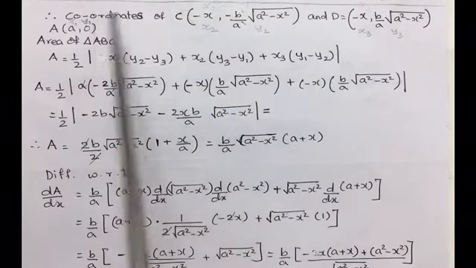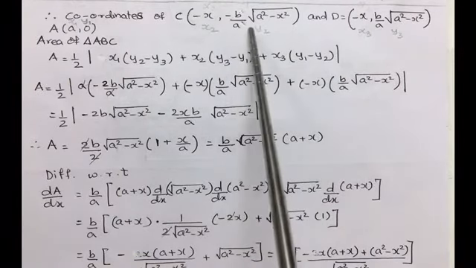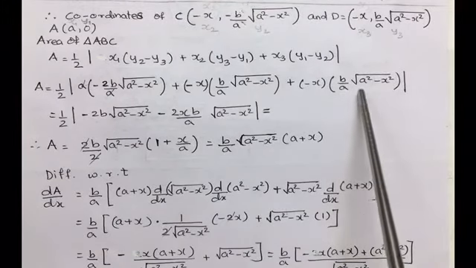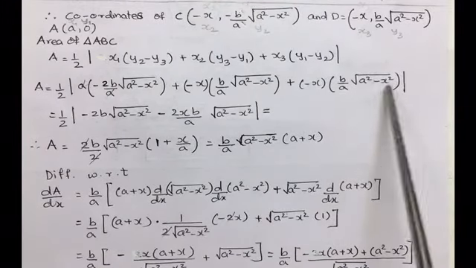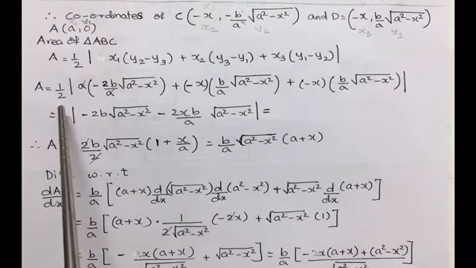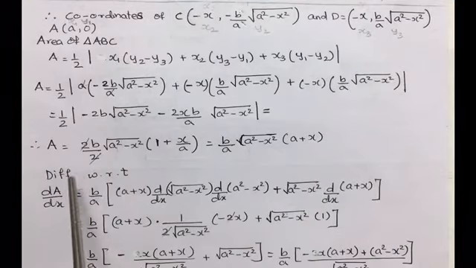Now y1 is 0, hence minus minus will make it plus, y2 value as b upon a under root a square minus x square. Mod is taken as area is being calculated.